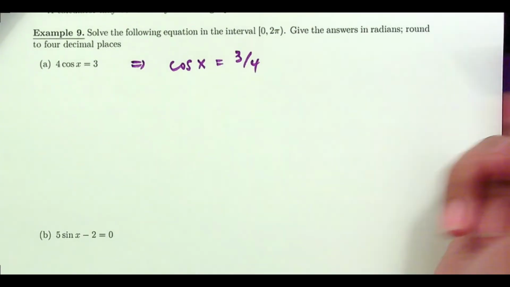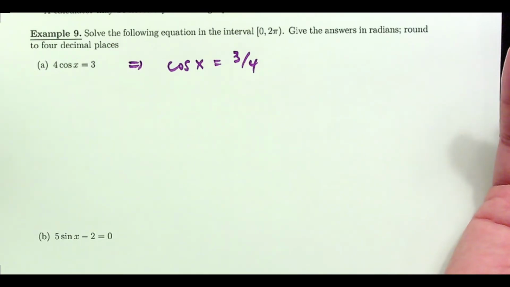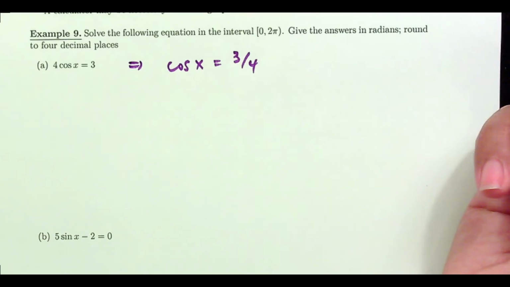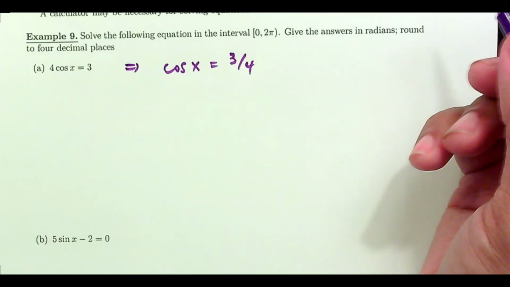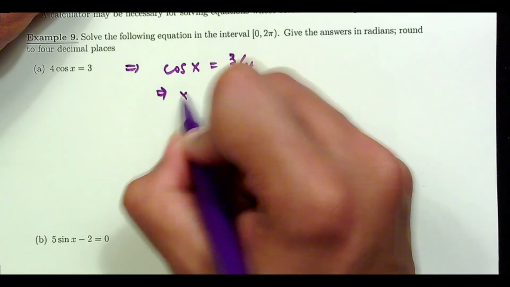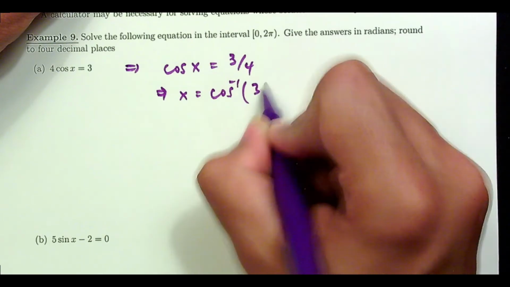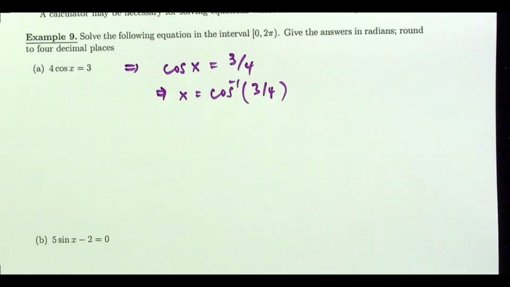Okay, and how do you solve that? You probably remember how to solve this, right? We've done that before. How do you solve that? You hit it with cosine inverse. So x would be equal to cosine inverse of 3/4.